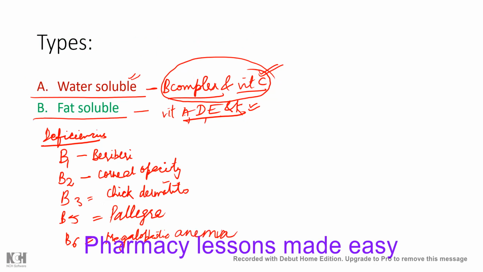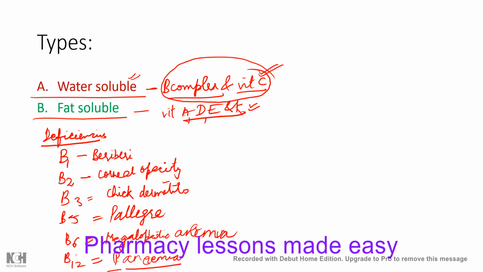Okay, and vitamin B12 causes pernicious anemia. Okay, pernicious anemia.